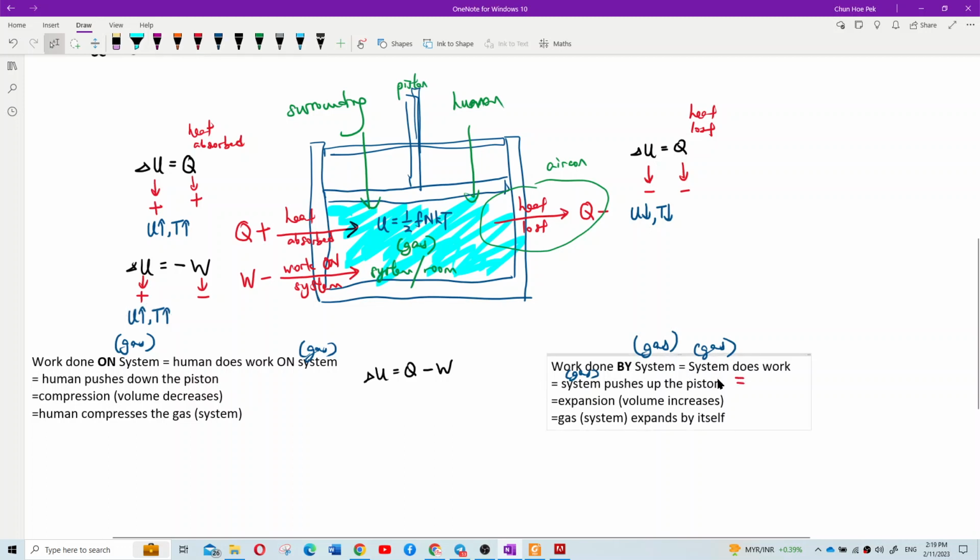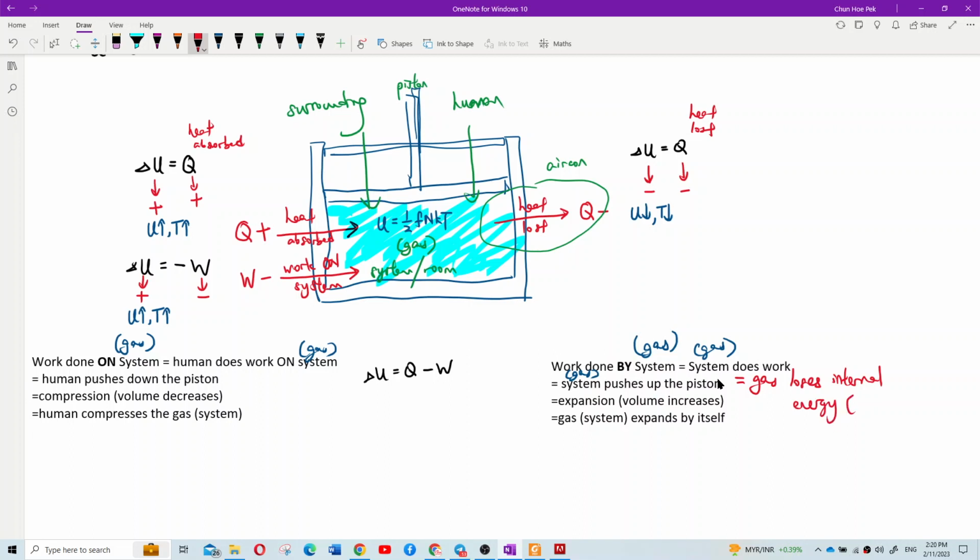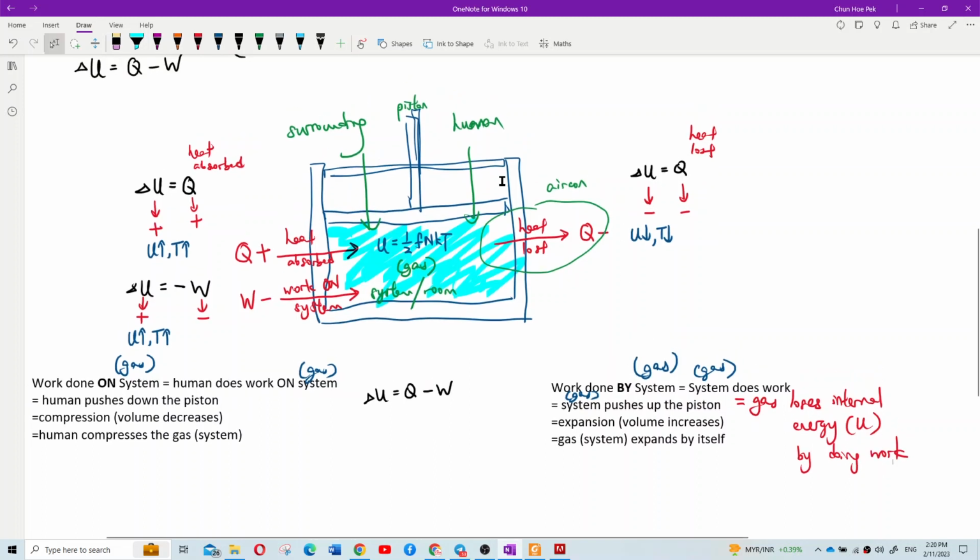That means the gas loses energy. What kind of energy does the gas lose? It loses internal energy by doing work. Because who pushes the piston up?